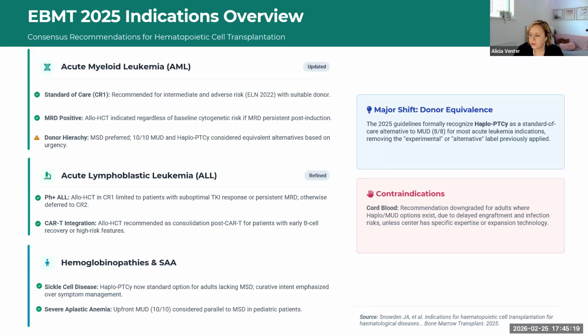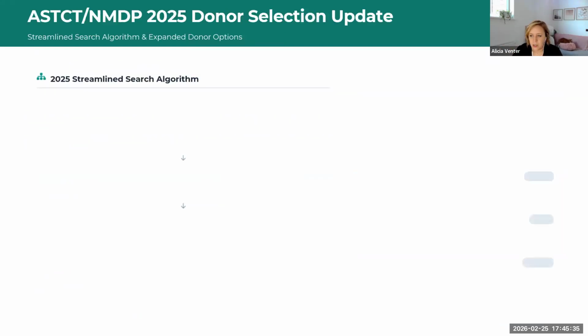They've also added that for cord blood, the recommendation has been downgraded for adults in favor of haplo and MUD options. So that's definitely a shift in thinking from the European countries.